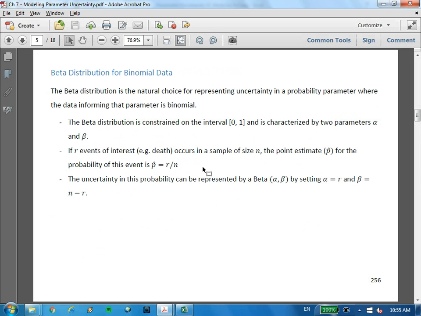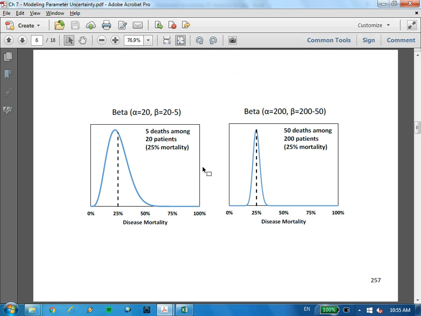Yeah. So again, a step back. If I have 20 patients, 5 dead, I estimated the mortality rate to be 25% here, right? Again, with 200 patients, 50 dead, same mortality rate. But here you see that I'm fitting a beta distribution to this data. You see that this is tighter compared to this. So that means I have more uncertainty around my estimate here compared to here, right?